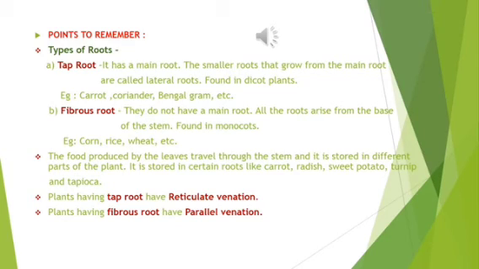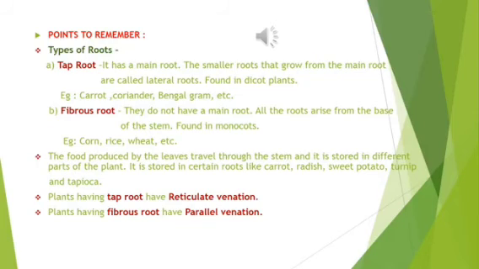B. Fibrous root. They do not have a main root. All the roots arise from the base of the stem. Example: corn, rice, wheat, etc. The food produced by the leaves travels through the stem and is stored in different parts of the plant.